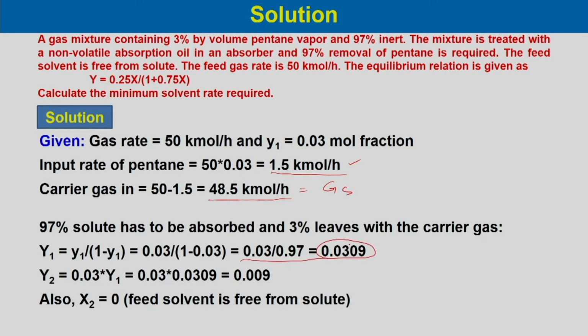So, capital Y1 would be 0.0309 and capital Y2 would be equal to 0.03 into capital Y1, which is equal to 0.03 into 0.309, which is equal to 0.009. So, we can calculate capital Y1 and capital Y2 and the solvent is given pure solvent which is free of solute. So, capital X2 is 0.